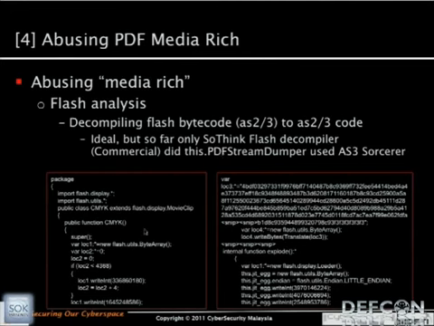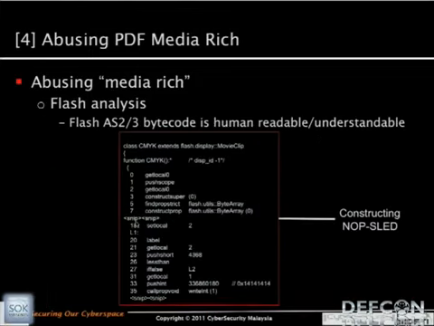So this is pretty much what the decompiled code looks like in AS3. It's pretty much AS3 code here. And if you cannot do decompiling, you can always do some bytecode analysis here. For example, this one is trying to construct the NOP slack for the shellcode. You can see over here it pushes some stuff, push integer, and there is a couple of loops over here to assign the array.